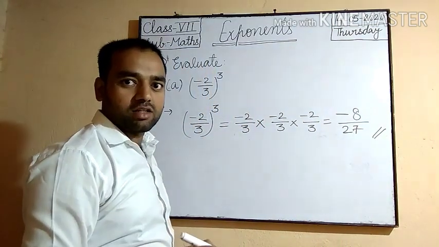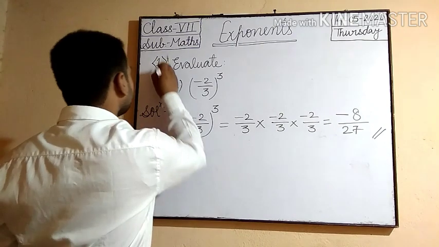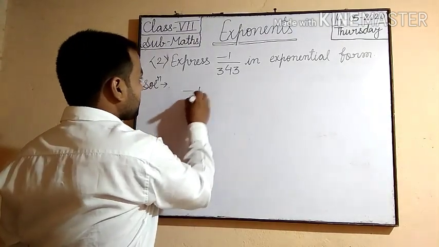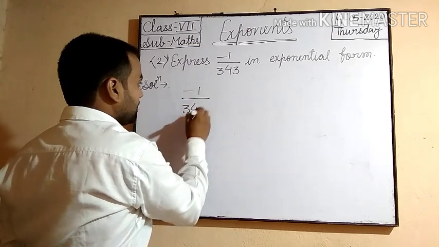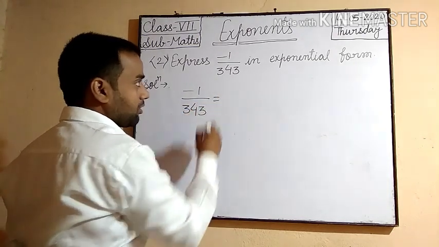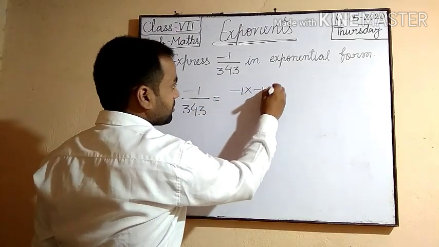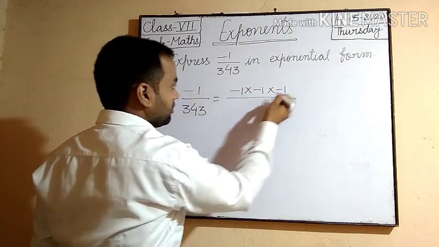Now let us discuss question number 2: express -1 upon 343 in exponential form. First, we know -1 into -1 into -1 is equal to -1.